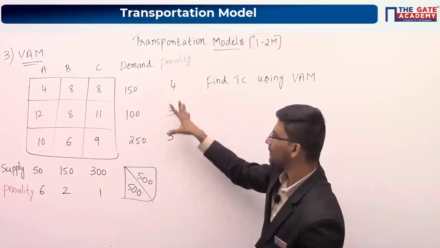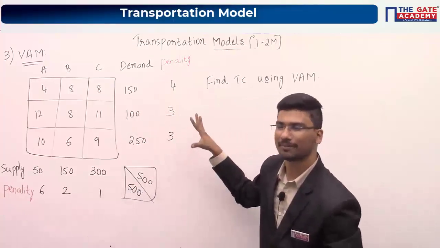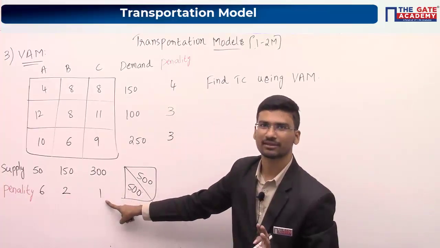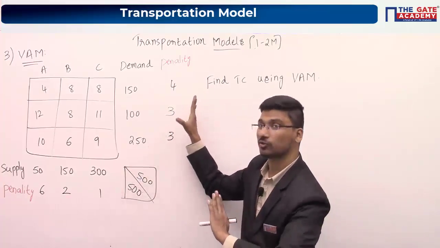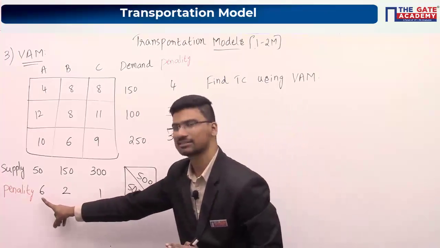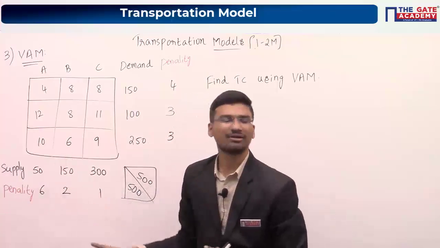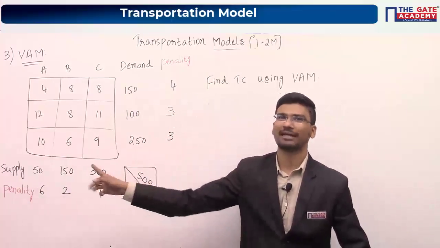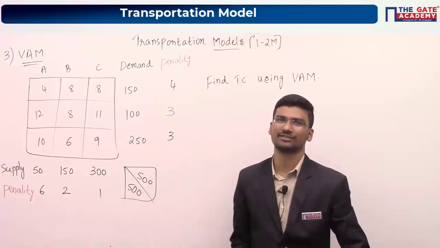So you have to compare all the penalties, both rows and columns. The maximum penalty is this one, the minimum penalty is this one. Now you tell me, where should I allocate? In the minimum penalty column or the maximum penalty column? Please answer this question.